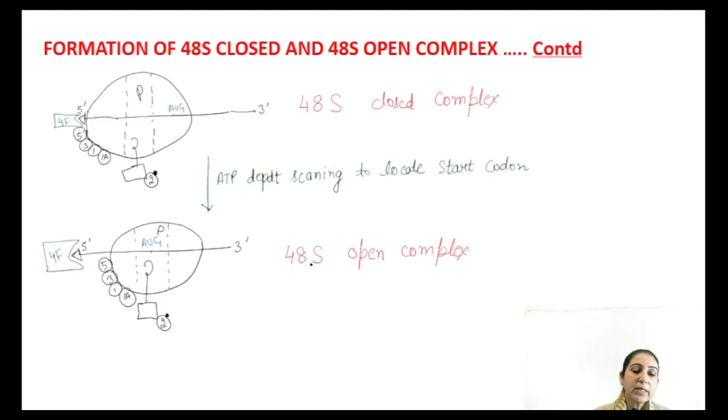So the 48S open complex is formed when the 40S ribosomal subunit, which was moving upon the mRNA, locates the start codon, and a bond is formed between the AUG start codon and the corresponding anticodon in the initiator tRNA. So now this structure is called the 48S open complex.